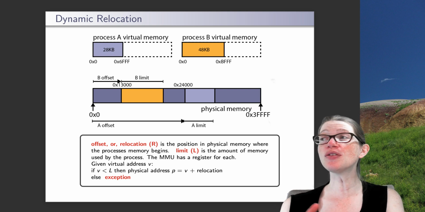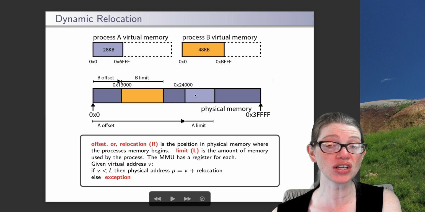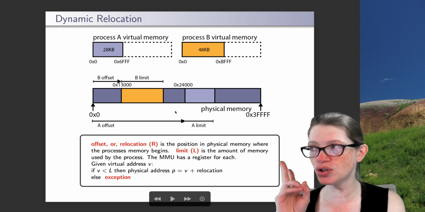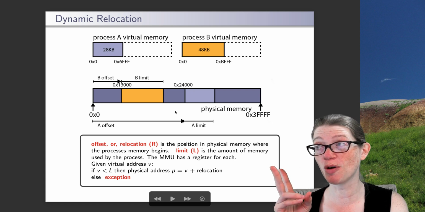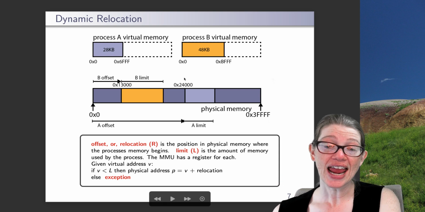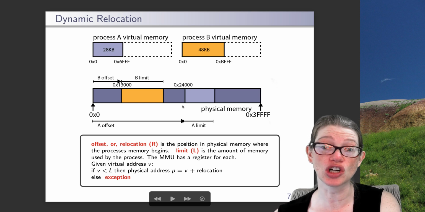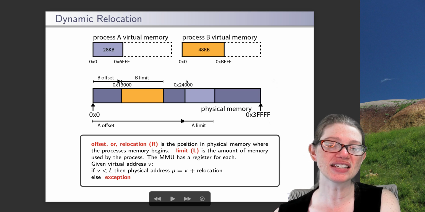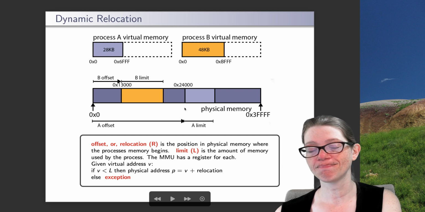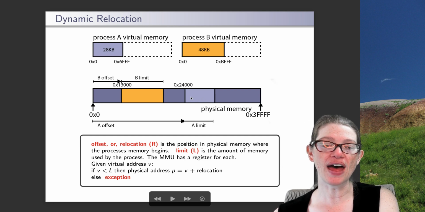Now, to make sure that we can translate from A virtual to A physical, we're going to keep track of 2 values for the process: the offset and the limit. The offset is where in physical memory that address space actually starts. So in this case, A starts at 24,000. The limit is the length of that address space.